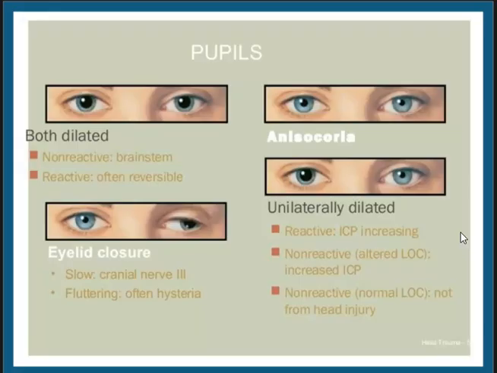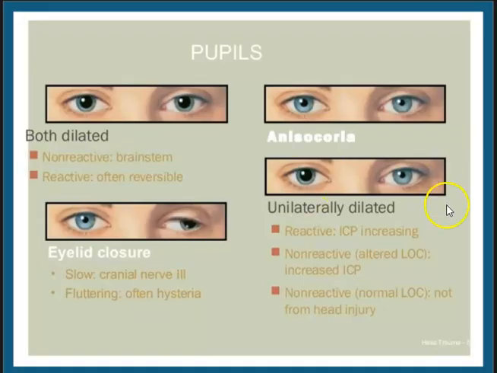So pupillary changes or eye signs differ depending on which areas of the brain are damaged. Pinpoint and non-responsive pupils are indicative of brain stem dysfunction. The midsize pupil is regarded as mid-stage between normal size and a dilated pupil. And we have asymmetric, which is one dilated and one constricted.